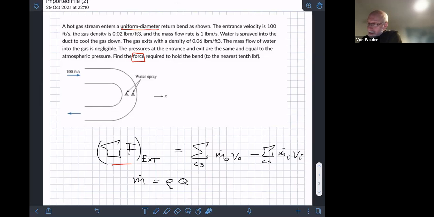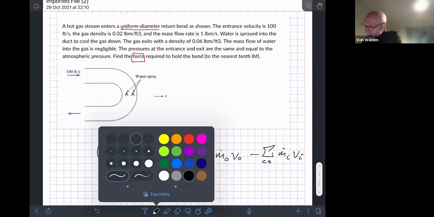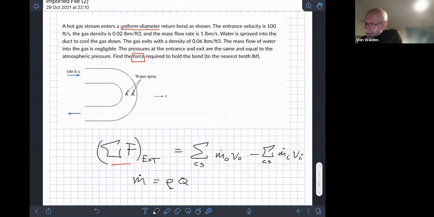Now, I did want to talk about this, though, that in these types of problems where you have bends, if this was a pressurized pipe and this pipe extended back this way, like this, and it was pressurized, we would need to have these as control surfaces.